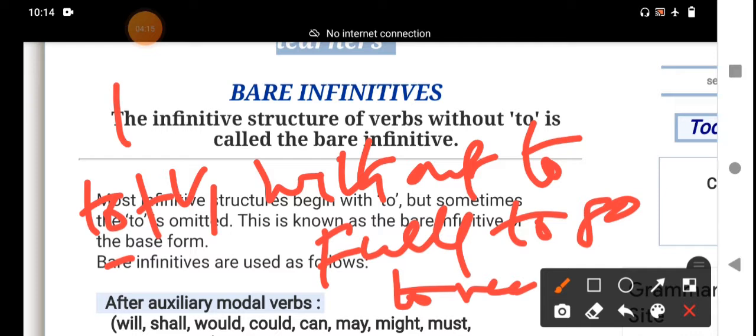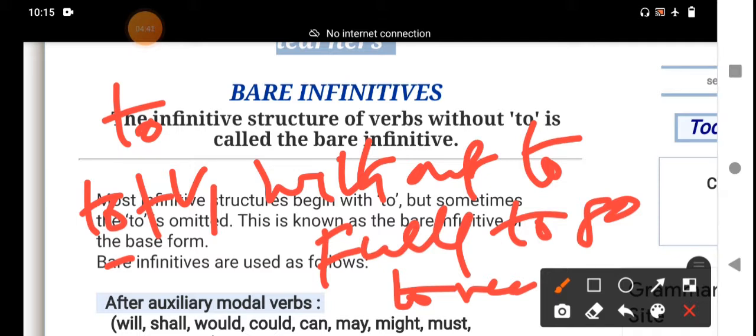Generally, what is the part of speech of to? To, in, on, yet, up, down, before, after. To is considered a preposition, but to plus v1, to infinitive or full infinitive, is not a preposition.